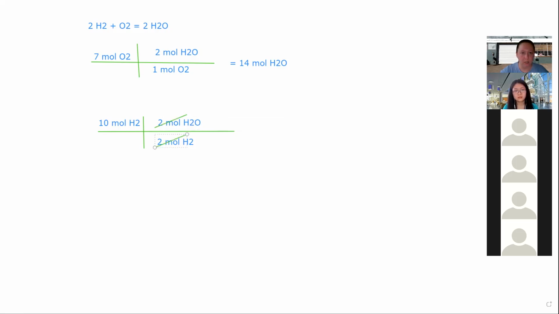So 2 over 2 equals 1. So our 10 moles of H2 can make 10 moles of H2O. Now let's look at which number is smaller. This number here, 10, is smaller than 14. So that means our limiting reagent is the 10 moles of H2.